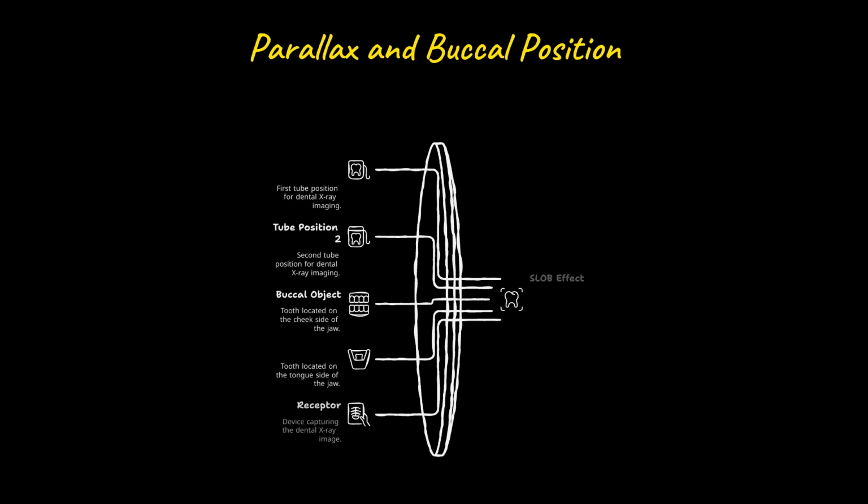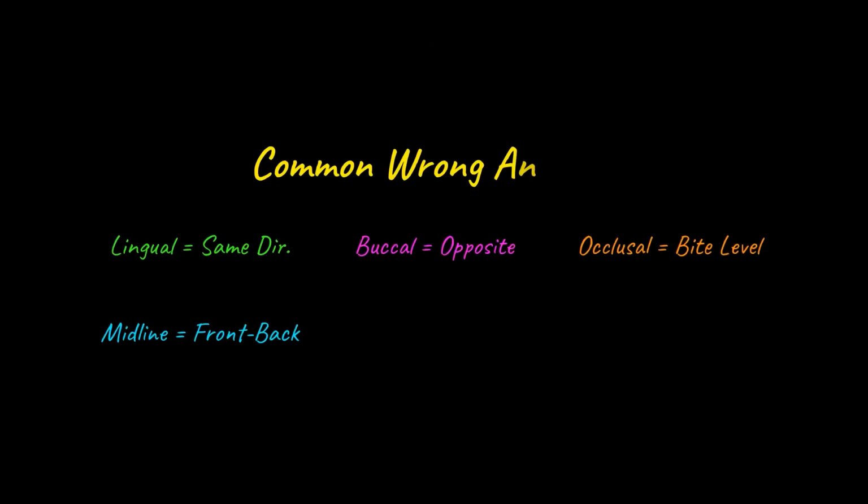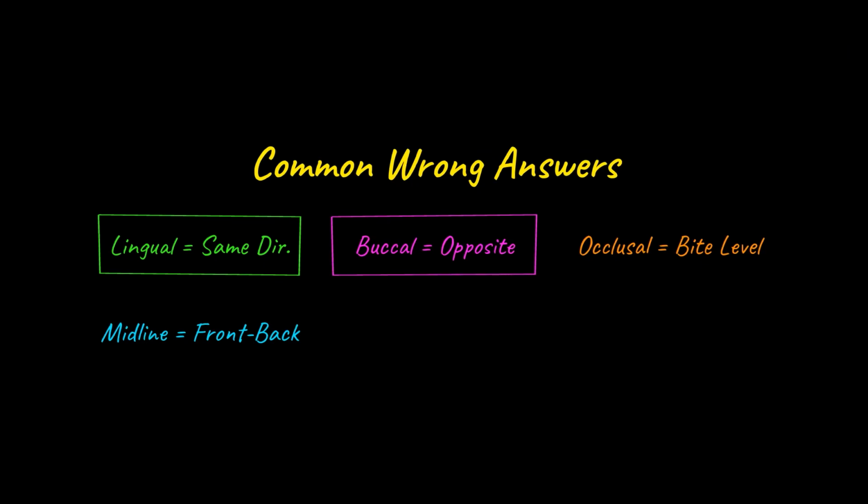The underlying mechanism is parallax. Because the buccal object sits farther from the receptor and closer to the tube's path, it appears to swing opposite the tube's movement. That opposite swing is the geometric fingerprint of a buccal position. Exam writers exploit 3 confusable answers. The lingual side is for same direction movement.